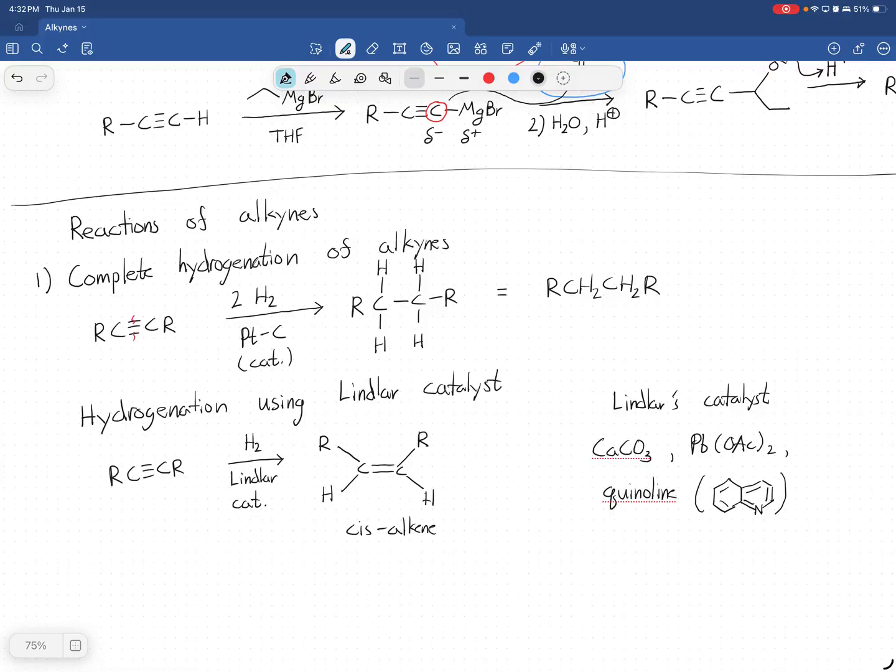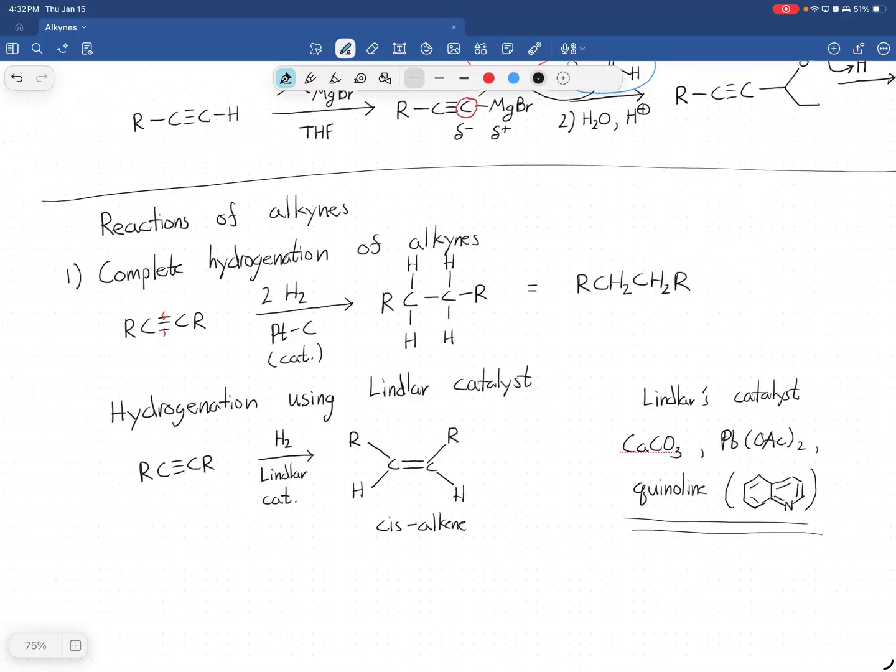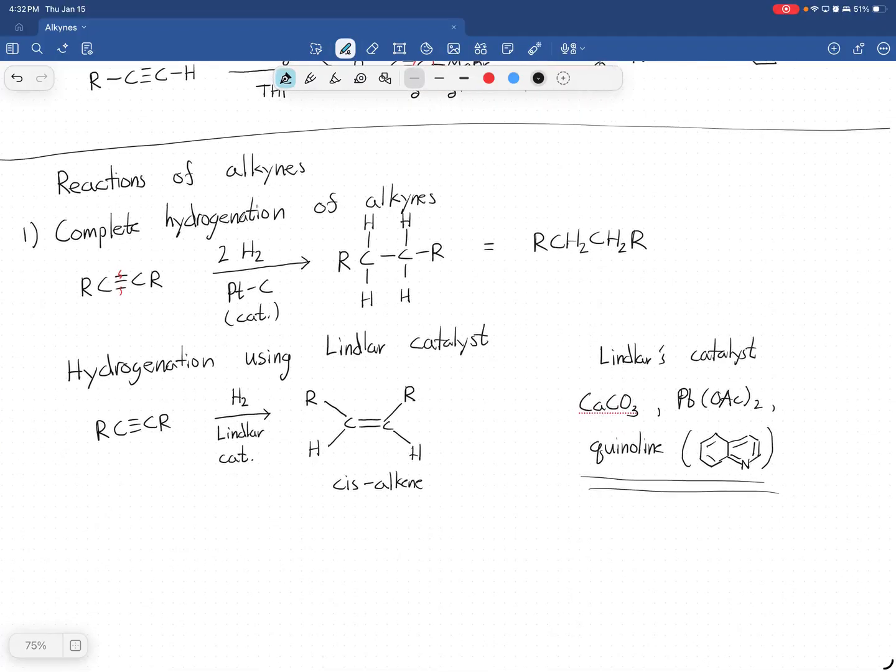So all of these are a mixture here. So they're all combined. Okay, and when they combine, they have reduced activity, and that gives rise to a way to stop at the alkene stage. So cis alkene is where we'll stop here. Okay, that's where it stops.